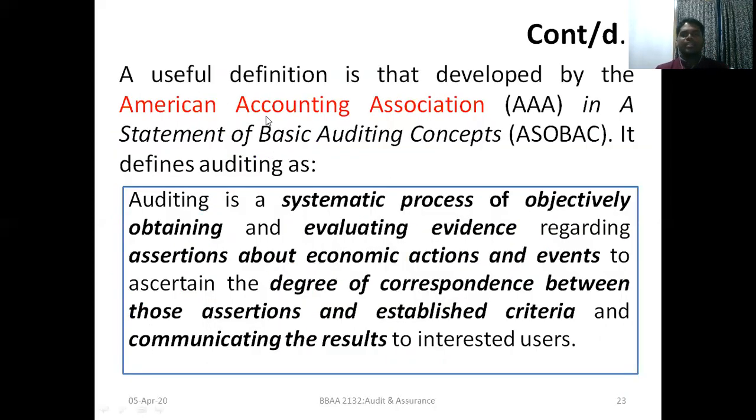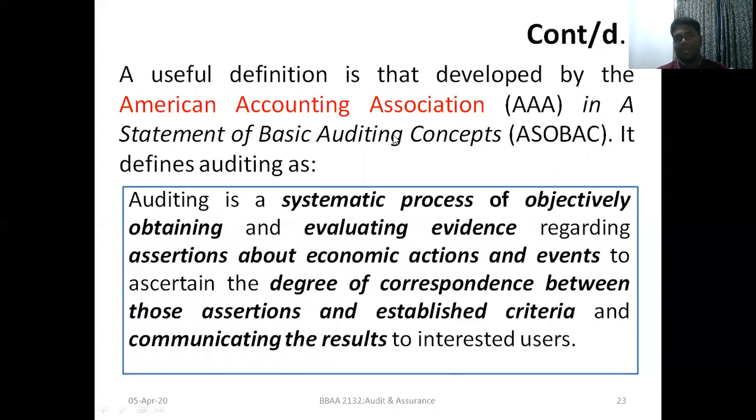This is another definition, given by the American Accounting Association. It defines auditing as a systematic process of objectively obtaining and evaluating evidence regarding assertions about economic actions and events, that means the activities and transactions of the company, to ascertain the degree of correspondence between those assertions and established criteria, and communicating the results to interested users.